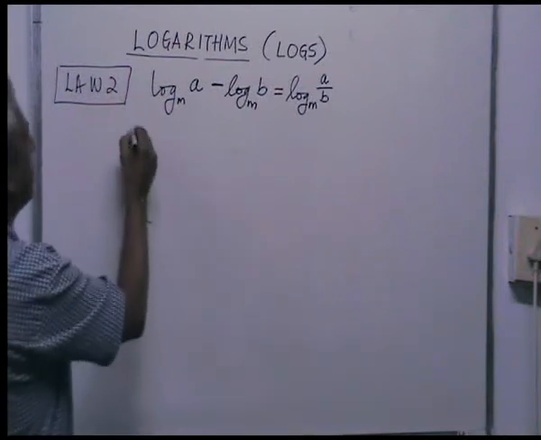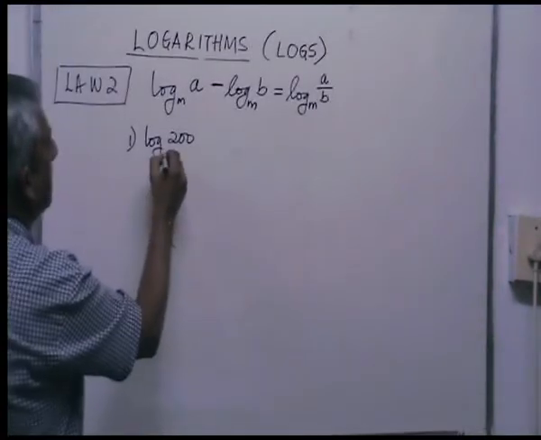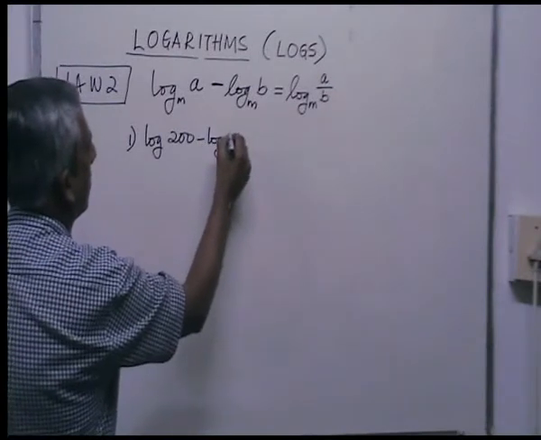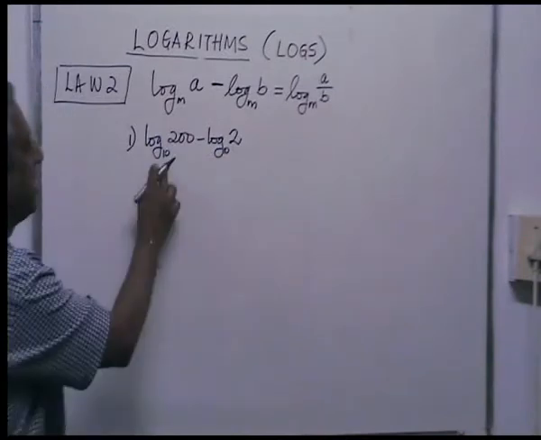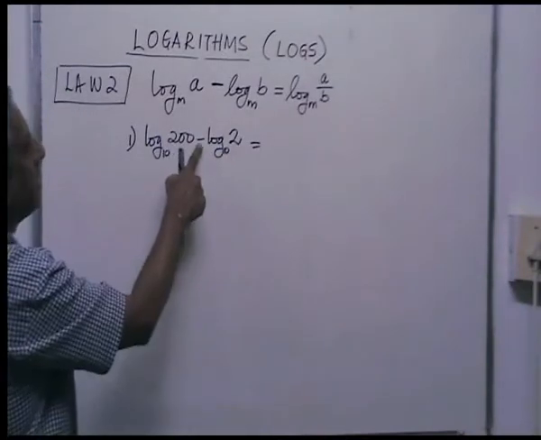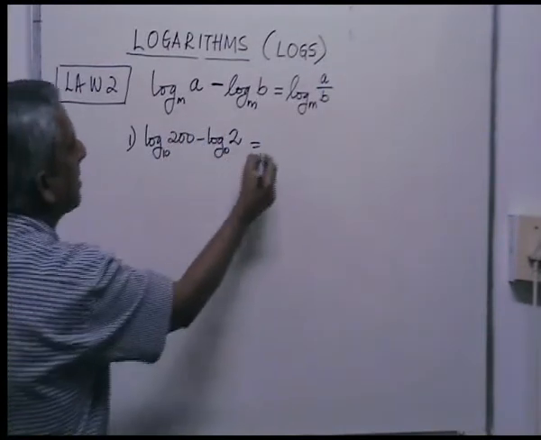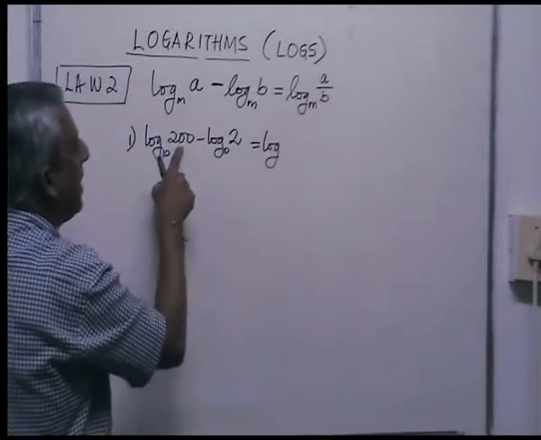Number 1, log of 200 minus log of 2, base 10, base 10. I'm just writing it down, make it absolutely clear. Firstly, is there a minus sign? Yes. Secondly, are the bases the same? Yes. Therefore, the answer will be log 200.